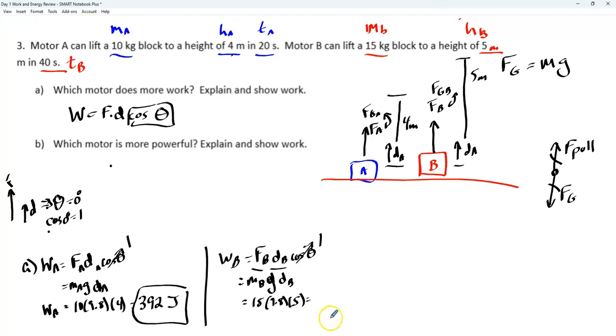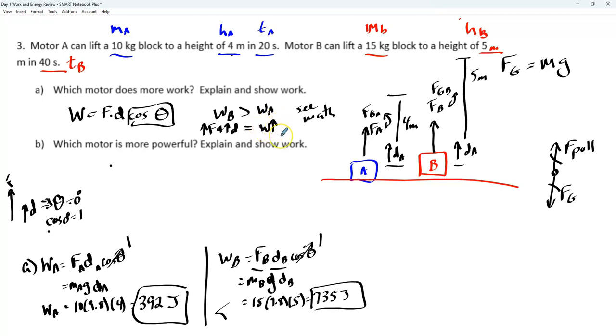If you put those together, you get something like 735 joules. So 735 is bigger than 392, so the work by B is bigger than the work for A. The idea is that in B there's a bigger force and bigger distance, which equates to a bigger work. Both of those factors influence that.